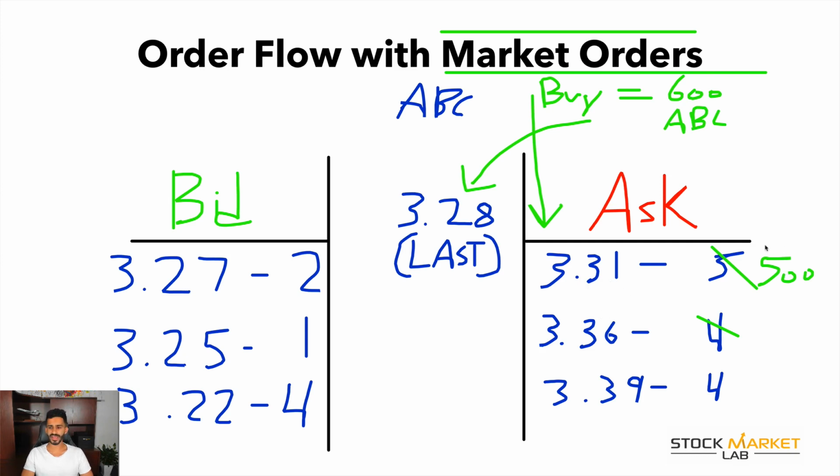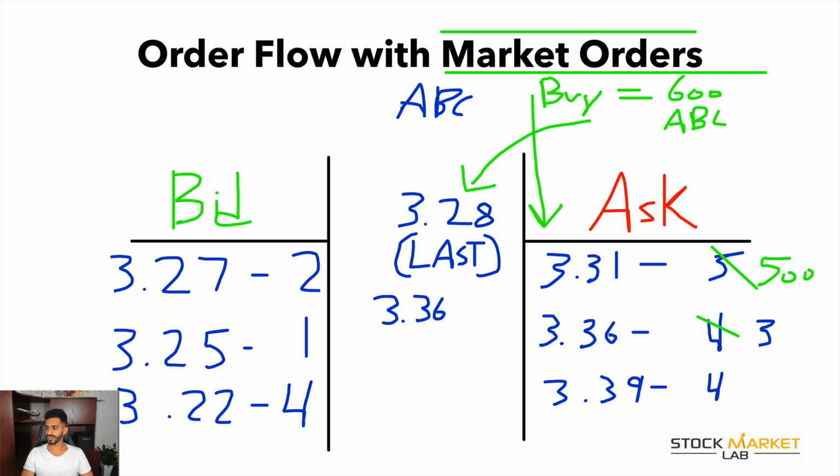So I get 500 at 331, and then I get 100 at 336, which leaves this at number 3, 300 shares left. And the last price goes from 328 to 336. That's how the order works with a market order if I'm looking to buy.